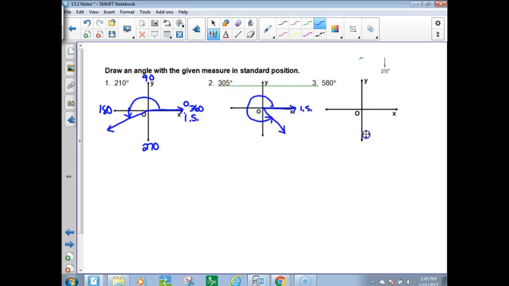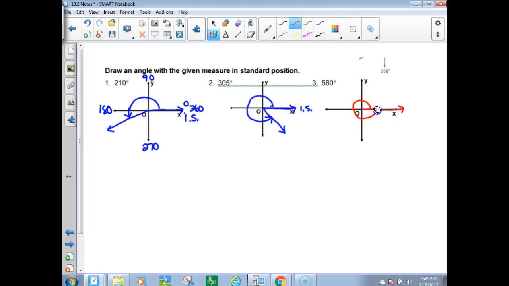Now 580 degrees. So we're going to have to show that our initial side, positive x-axis, we are going to actually have to spin all the way around once. Is once enough? Well, we're not done.